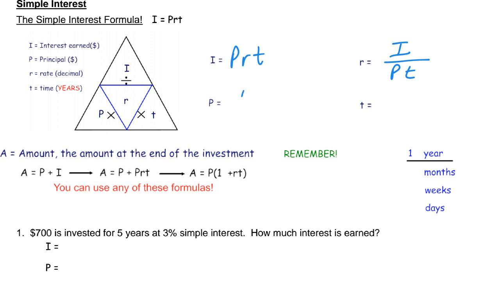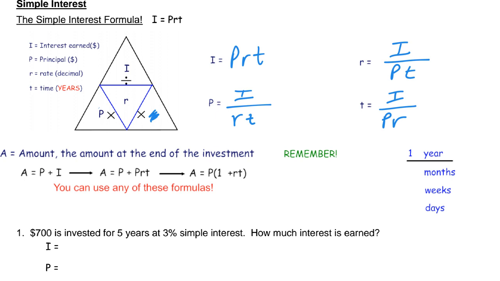I divided by R times T. And what is cool about that is that we can also find out what our T value is, the amount of time is, if we know the principal, the rate, and the interest that we earned. So in this case, when we go and get rid of T in our triangle, we end up with I divided by PR.